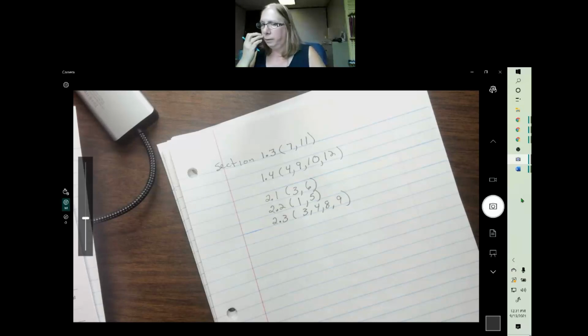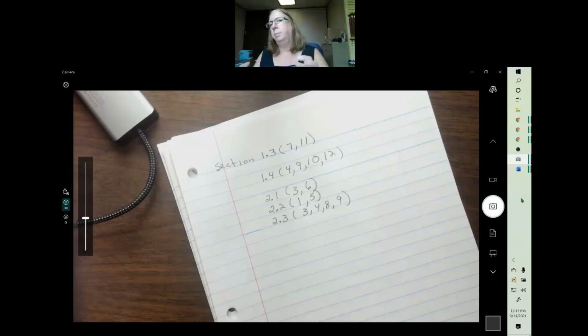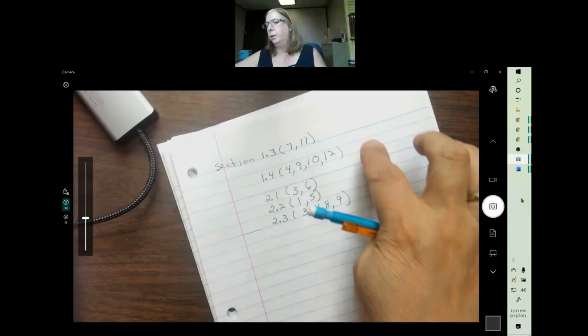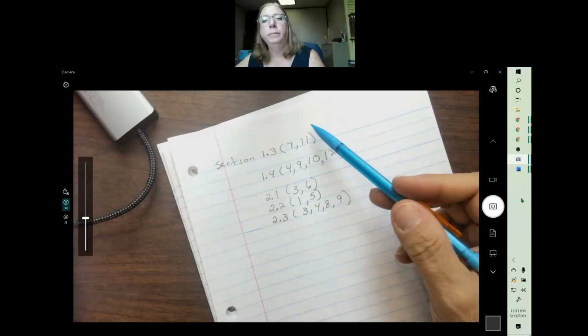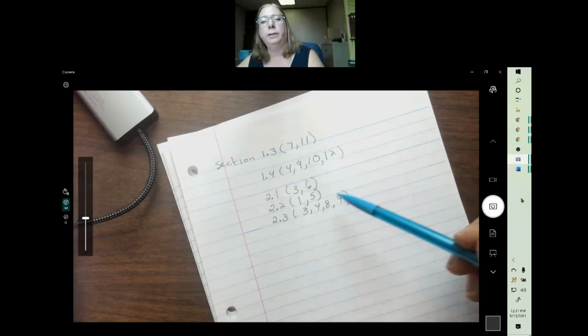1.1 and 1.2, I don't have them with me, but everything in there was just the basics so that you could do these. So I really wouldn't plug this value in on one of those problems. I would do it over here. And so these would have everything you would need.